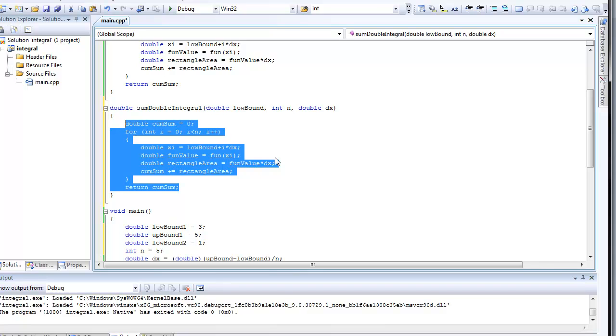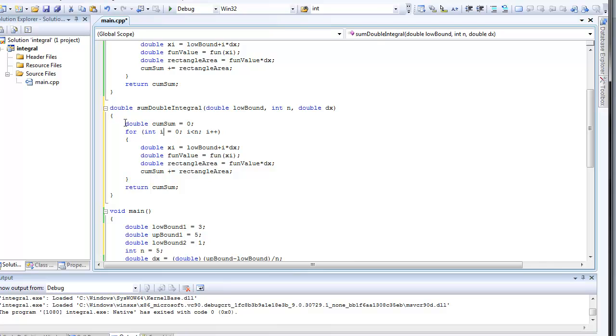So we start as before. We have some cumulative sum. Let's call it big sum, because there will be another sum in the inner integral.